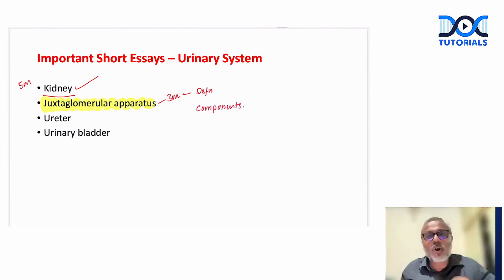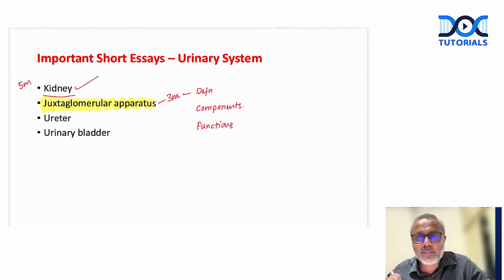What are the 3 components of juxtaglomerular apparatus and what are the functions of each of these? Right? Are we clear? So this is how we need to describe the juxtaglomerular apparatus. Define it, describe the components, and then talk about the functions.